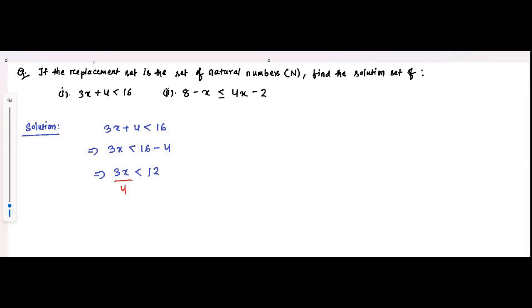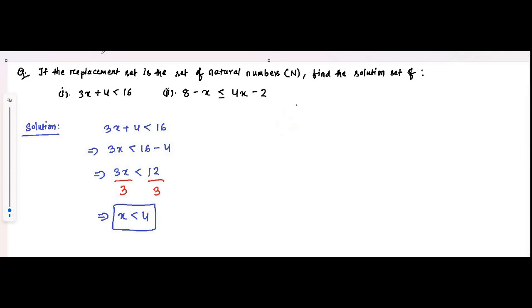So in this case, if we divide both sides by 3, 3x by 3 and 12 by 3, that implies x is lesser than 12 by 3, which is equal to 4. So x is lesser than 4. This is the solution.